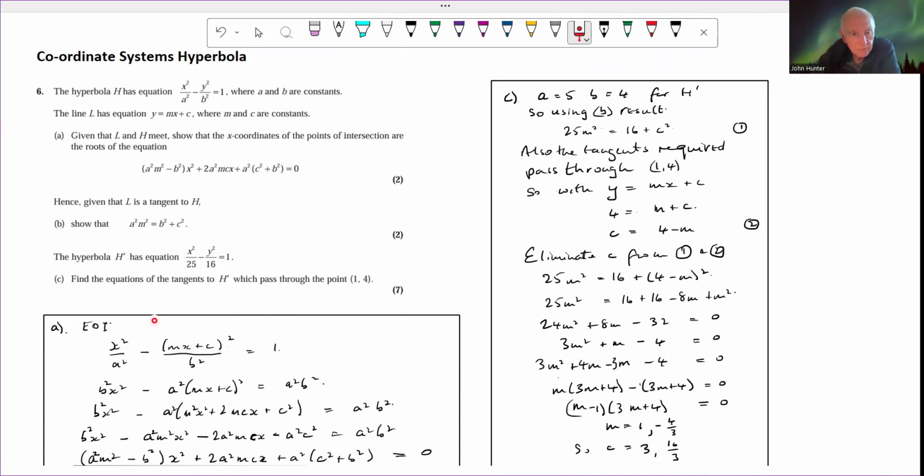So we don't have to start from scratch, differentiating and so on. We've done the hard work doing that. So yeah, tricky problem. And well done to the examiner who created this problem.